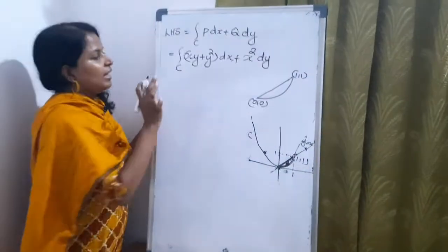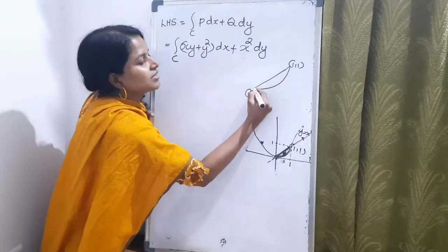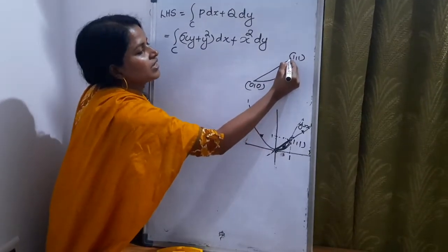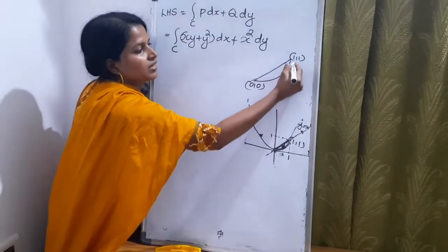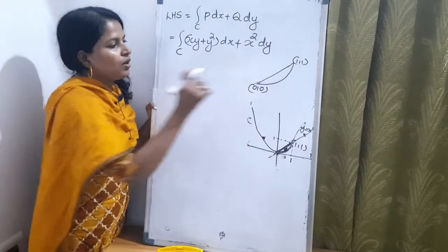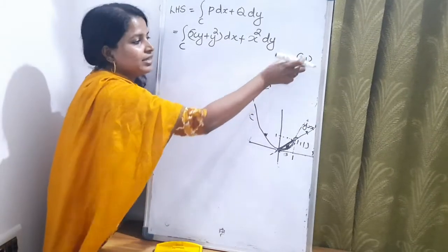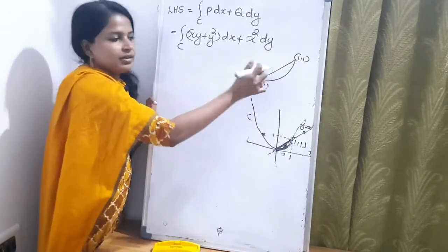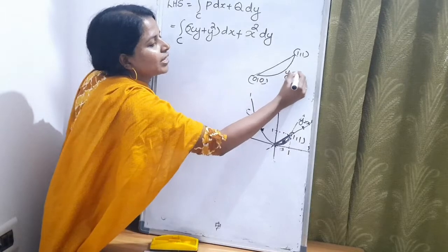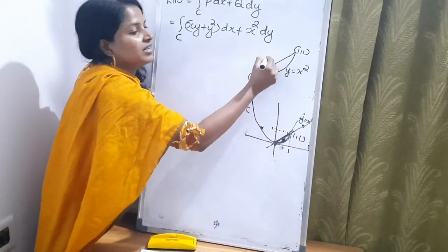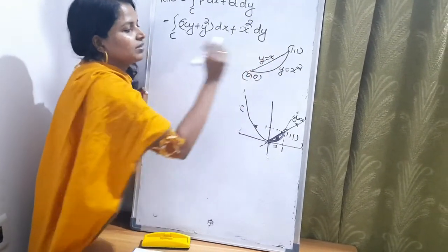Listen. Line integral. This is the closed curve C. It has two parts. The first part is part of the parabola, then the second part is part of the line. This parabola is y equal to x square and this line is y equal to x.